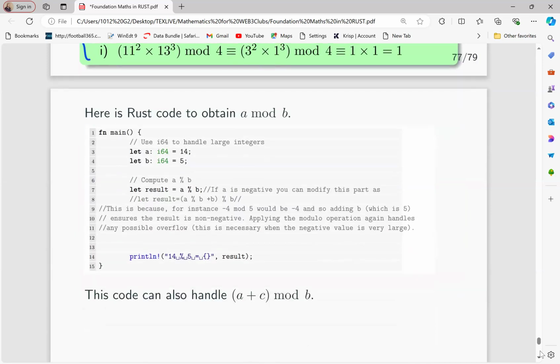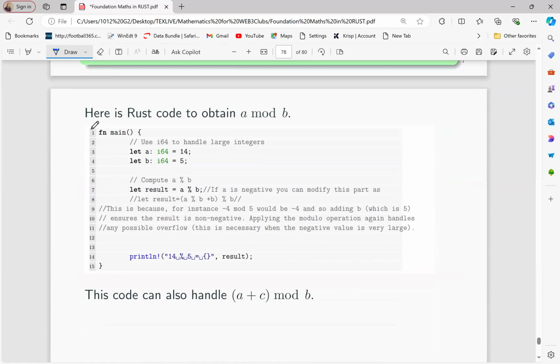It's a very short code. I've said use i64 to handle large integers. Otherwise, you would just leave it as is.